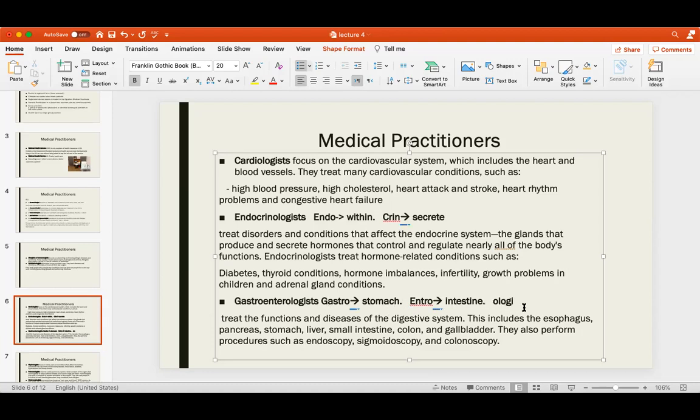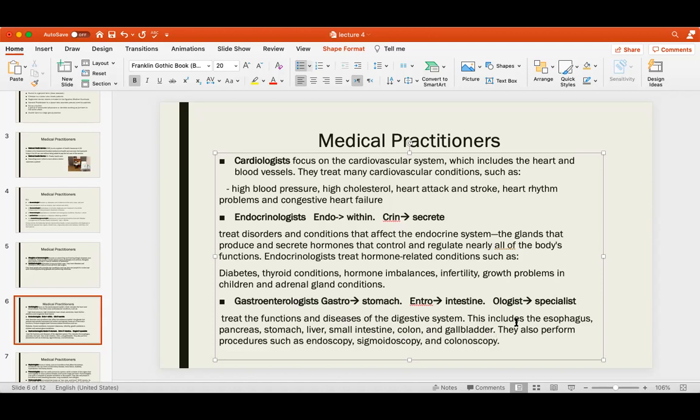And the suffix -ologist means specialist. So this word gastroenterologist is a doctor who specializes in treating the functions and diseases of the digestive system, the stomach and the intestines.